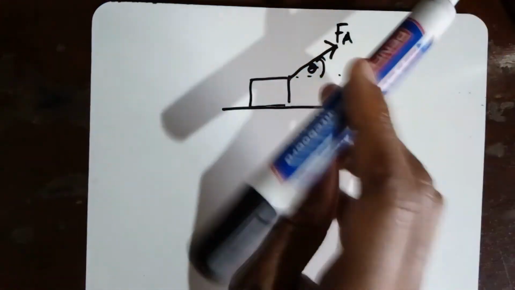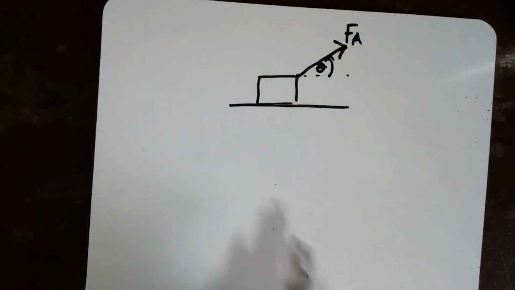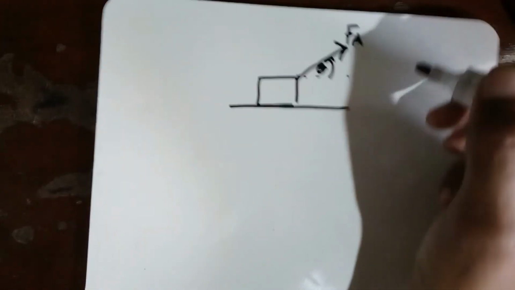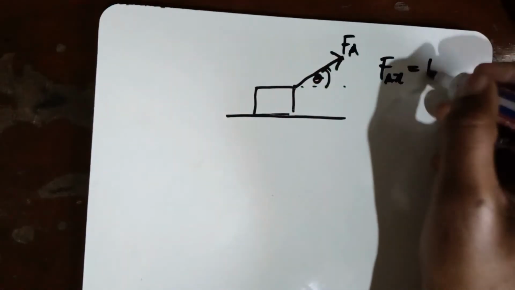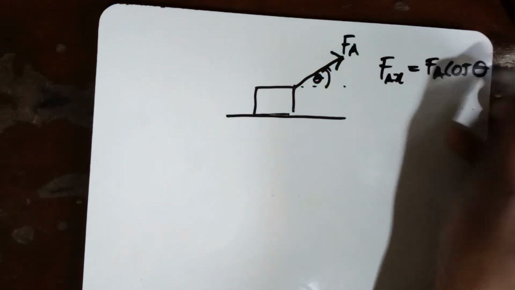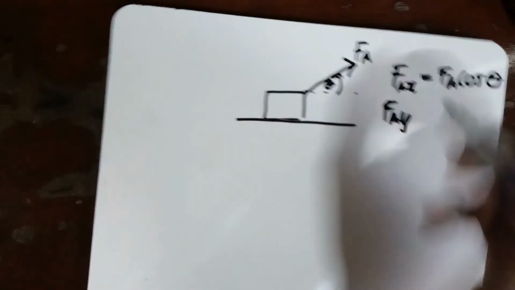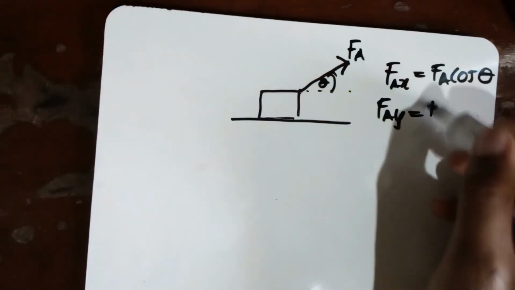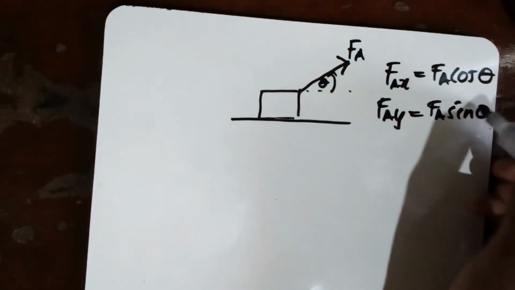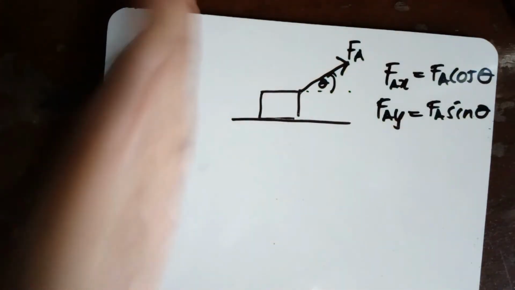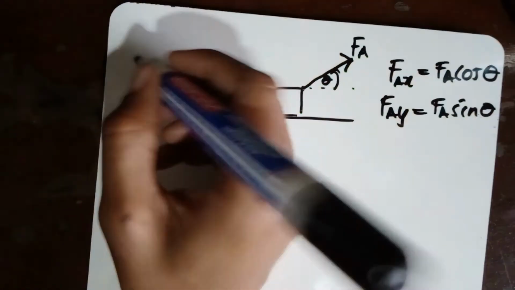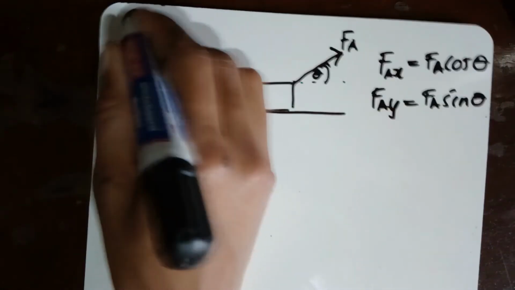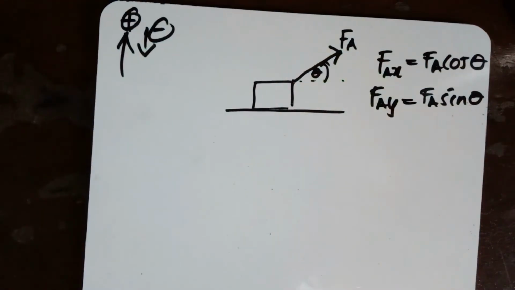Remember, this force acts diagonally on our object, and so we can resolve it into its x and y components. FAX will be equal to FA cos theta, and FAY in the vertical direction will be given by FA sine theta. But for this instance, we are only concerned with the vertical motion. So let us define direction: up is positive and down is negative.